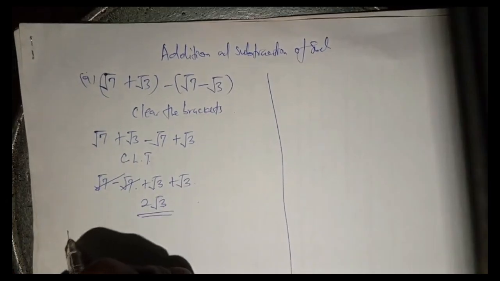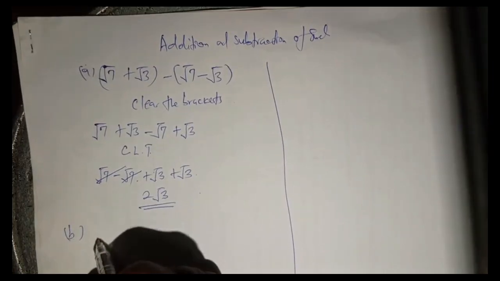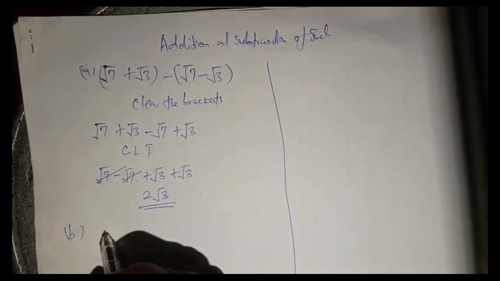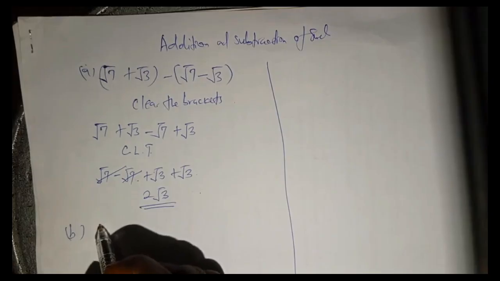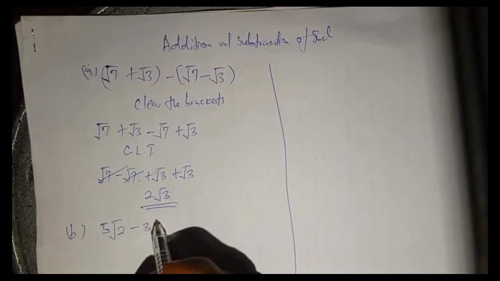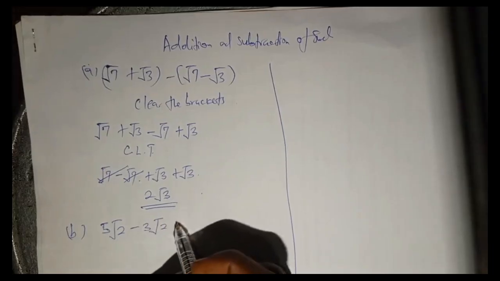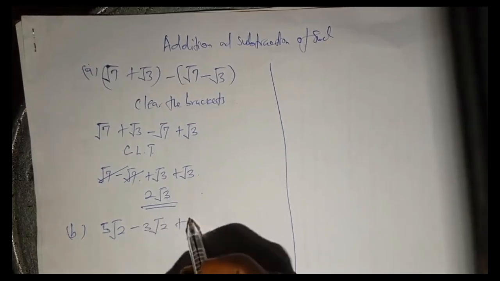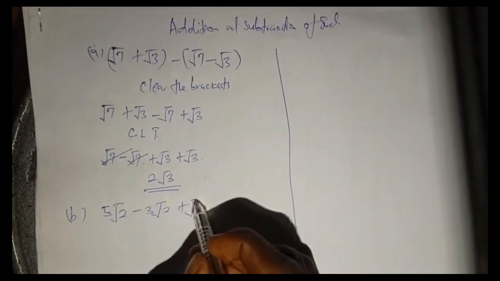B, we have 5 root 2 minus 3 root 2 plus root 2.